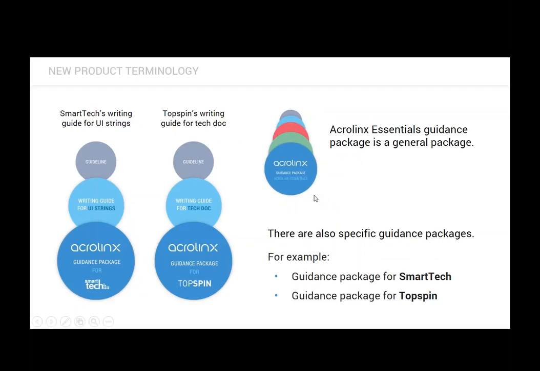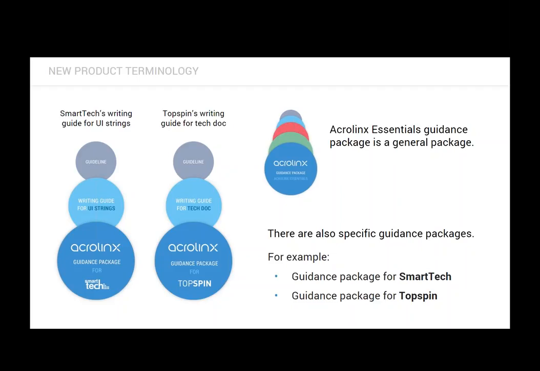Now, we usually have these guidance packages for specific customers. So if you're an existing customer, you probably have your own guidance package. For example, here the smart tech company would want to do UI string checking, so they'd have a writing guide for that, which contains the guidelines. Similarly, the Topspin company would have a different guidance package with their own writing guides inside.